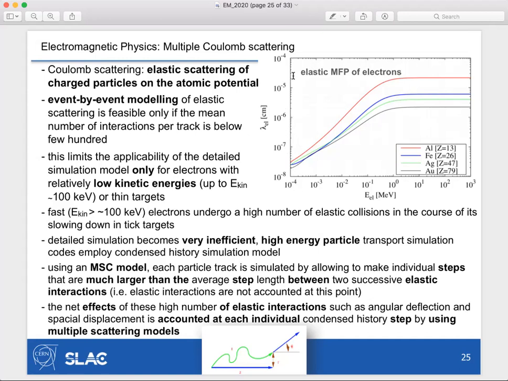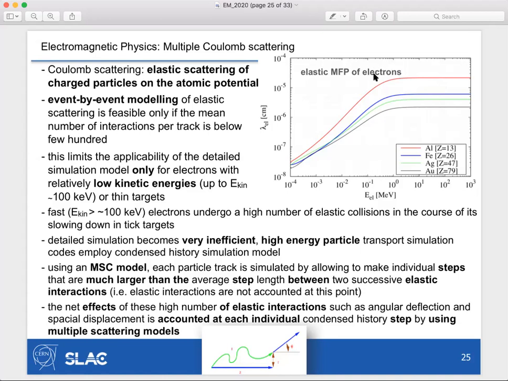On the Y scale, you can see the elastic mean free path as a function of the electron energy in different materials. The materials are not so important. The trend of the elastic mean free path is what's important. The elastic mean free path tells you the average distance that the electron will travel between two Coulomb scatterings.